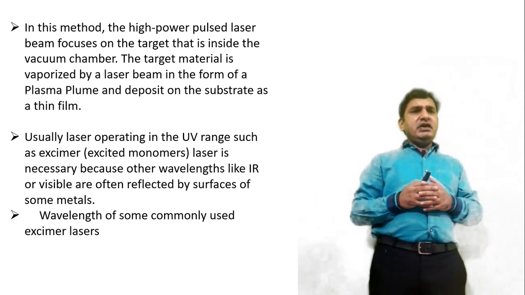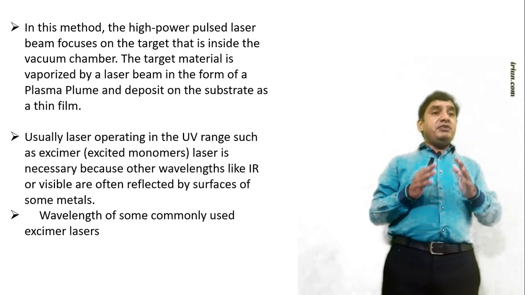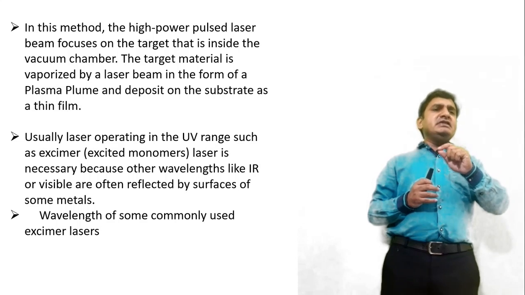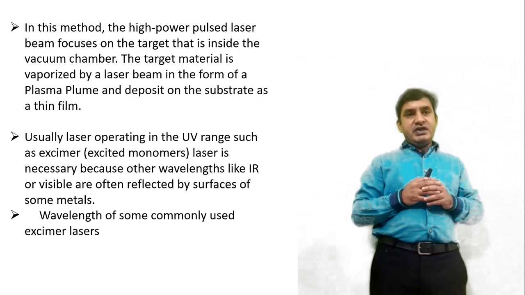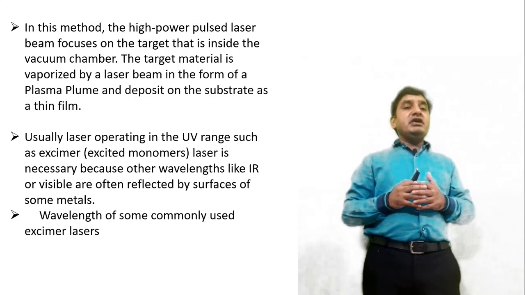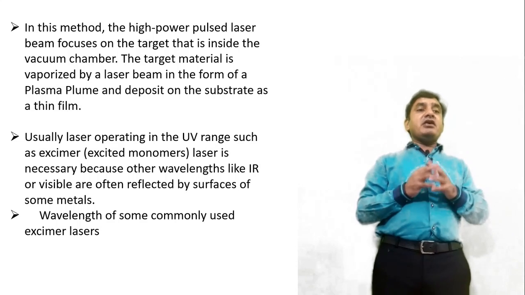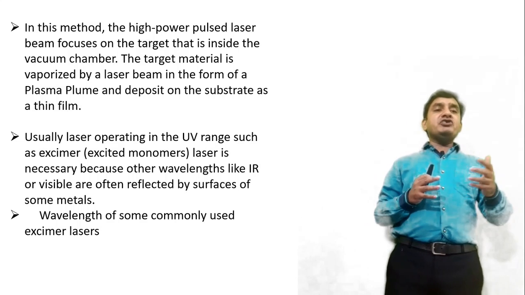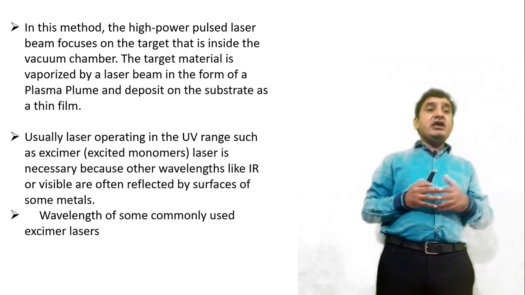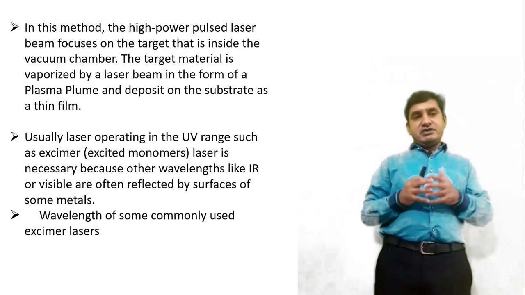In this method, the high power pulse laser beam is focused on a target that is inside the vacuum chamber. The target material is vaporized by the laser beam in the form of a plasma plume and deposited on a substrate as a thin film. We can say plasma plume or laser plume.